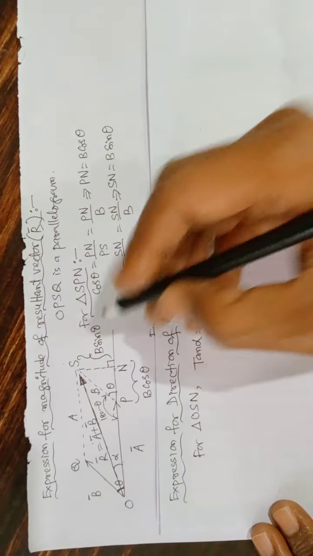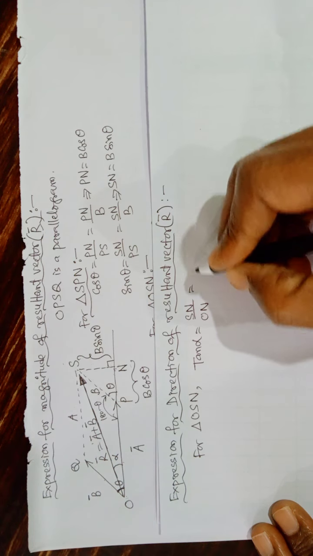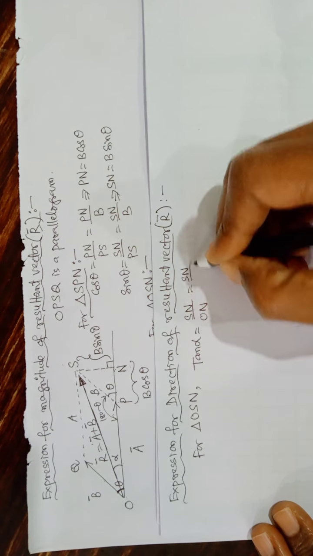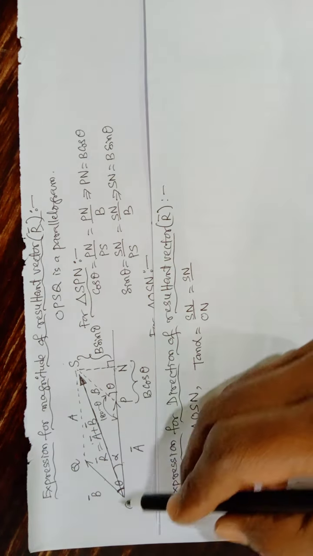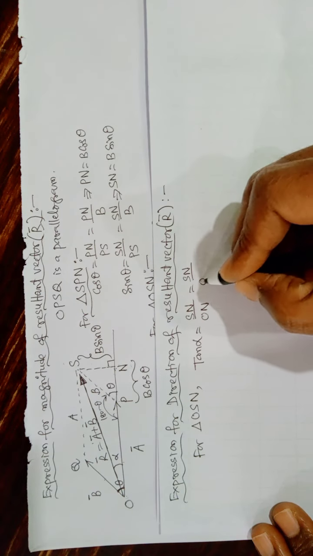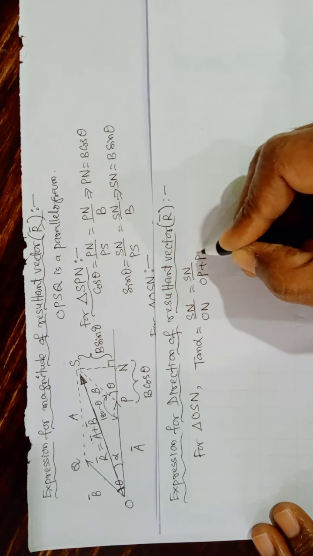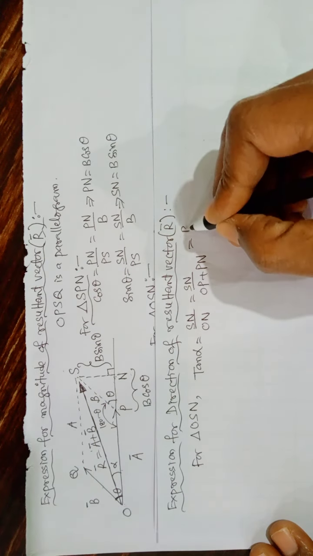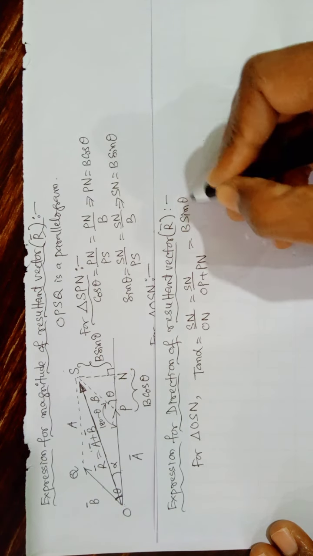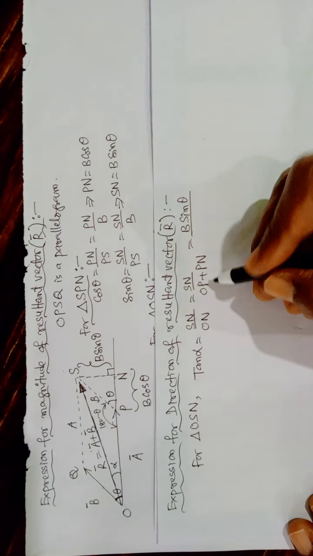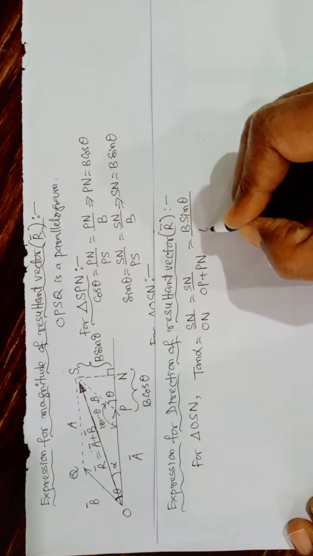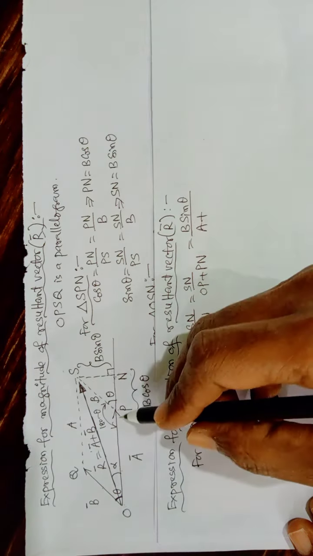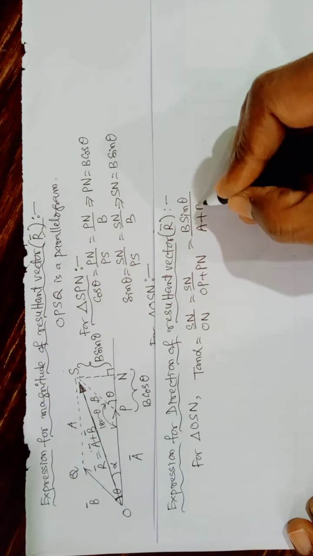SN means B sin theta. So first let me write SN only. And this ON can be written as the sum of OP plus PN. So tan alpha is equal to SN, which is B sin theta, by OP, which means A, plus PN, which means B cos theta.